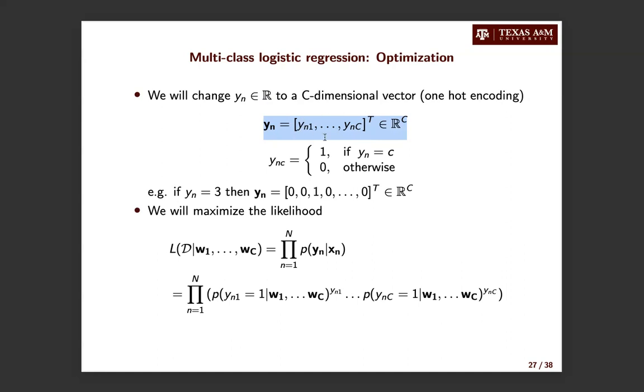So the elements of the vector all correspond to 0 except the element that belongs to the outcome class C of observation yn.